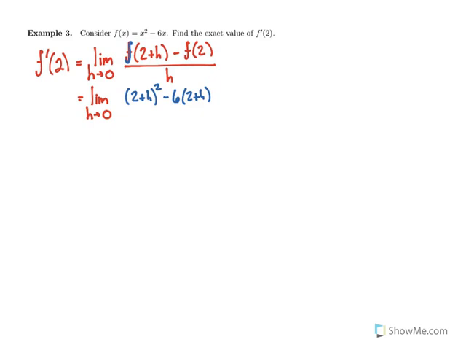So all of that is just our f of 2 plus h here. Minus f of 2 is just going to be 2 squared minus 6 times 2. So that is f of 2. And we're going to subtract the entire thing. So that's why we need parentheses. And then divide by h.